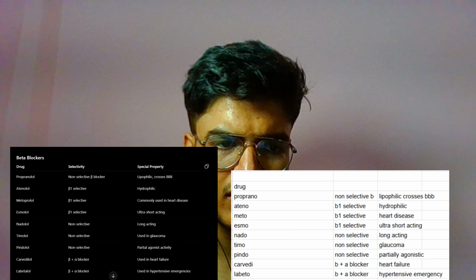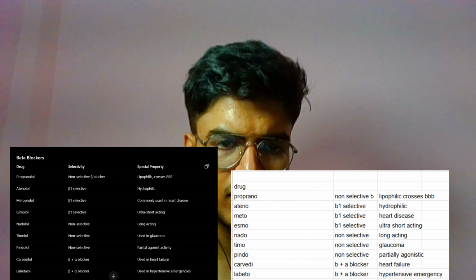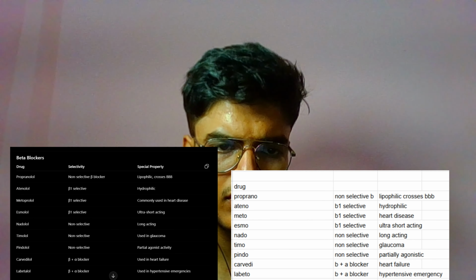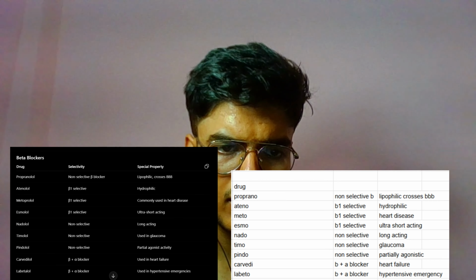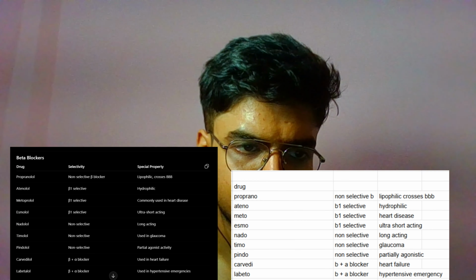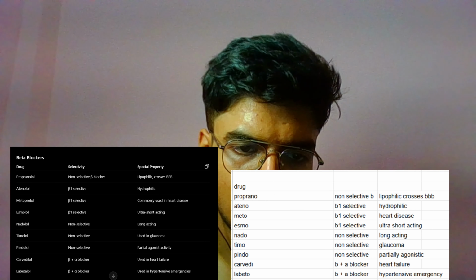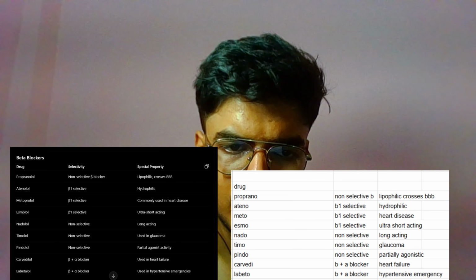Guess. Now these were non-selective. These three are non-selective, and this one, I don't know what this one is. These two are alpha plus beta blocker.